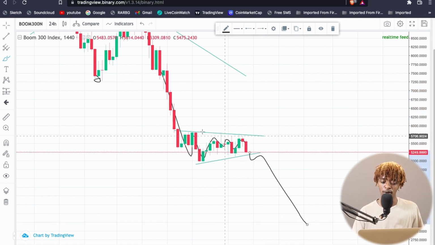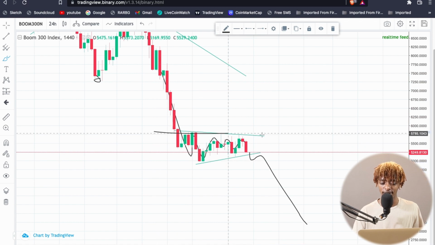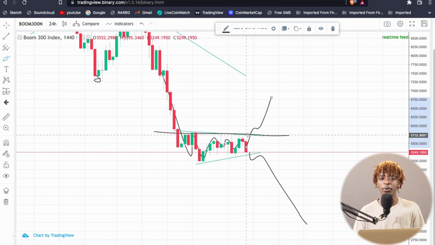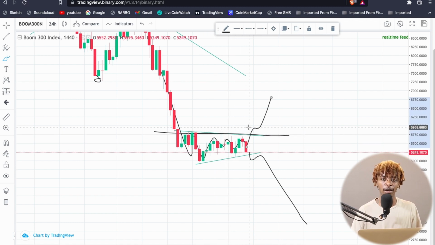But who knows, since a lot of weird things happen here, it might break up also, so you have to wait. What I say here is wait for the market to break out of either this lower trend or the upper one, wait for a retest on the lower time frame, then you take a trade.